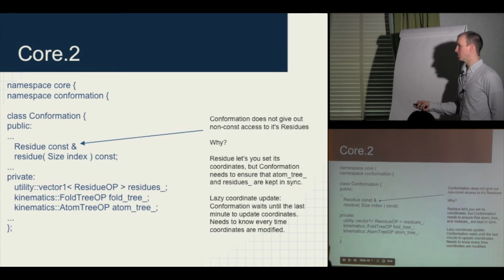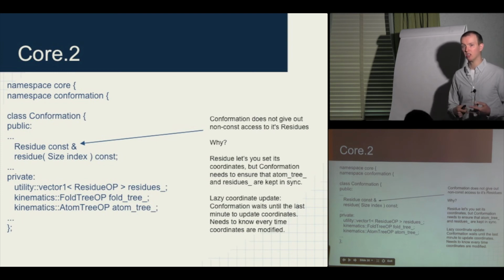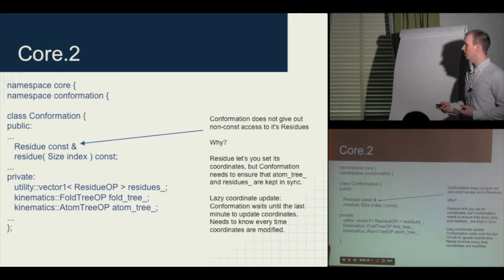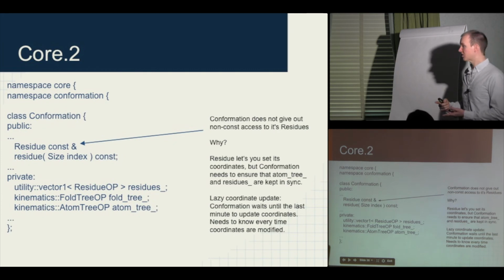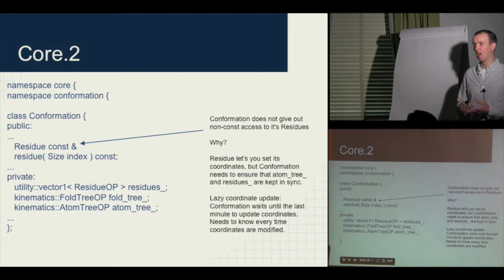Like if you ask for a residue, it says, okay, well, are the Euclidean coordinates out of date with the internal coordinates of the system? If so, then recompute all the Euclidean coordinates and then store them in the residue objects. And this is lazy, which has two advantages. It's fast and it's always right. So you can never get coordinates that are out of date, and that's really handy.